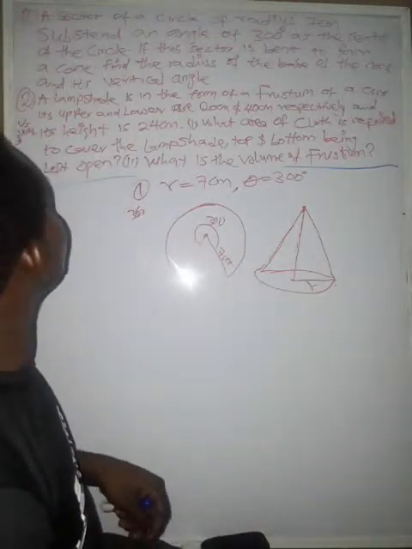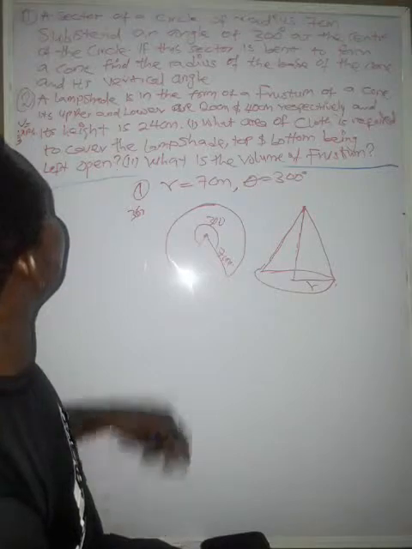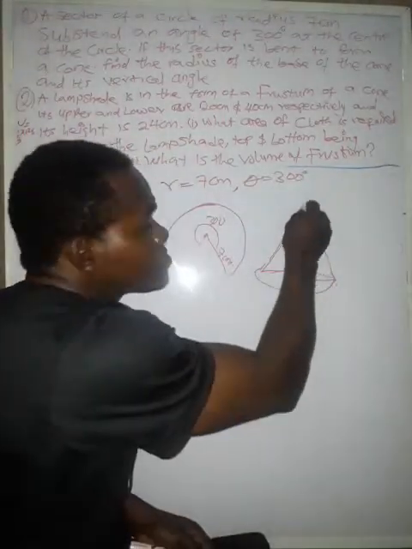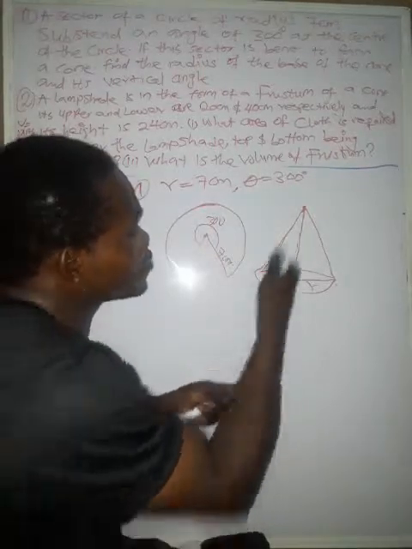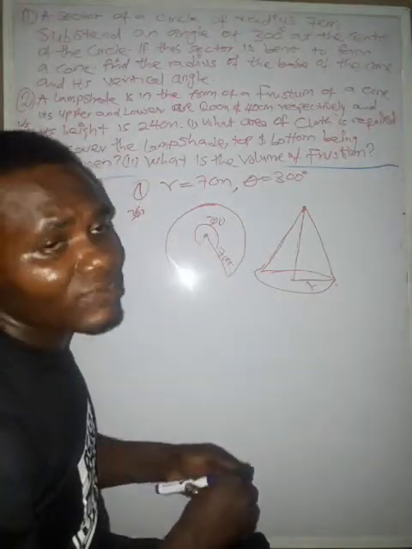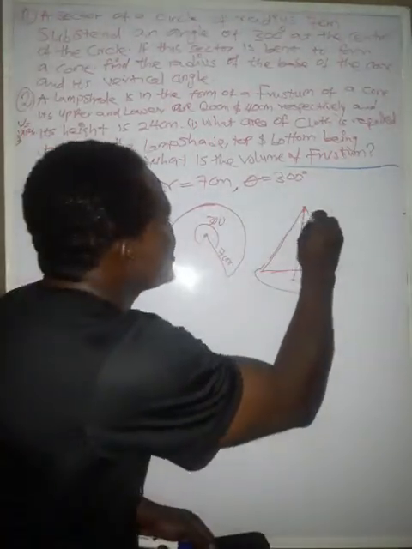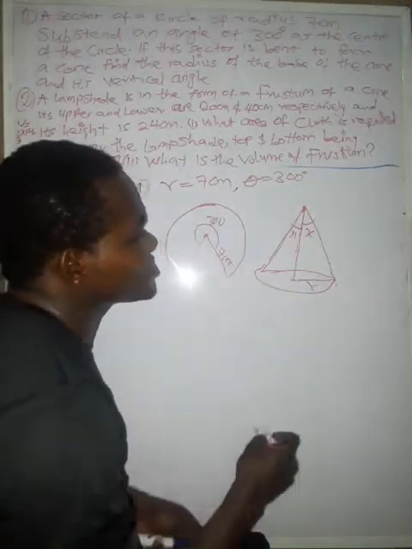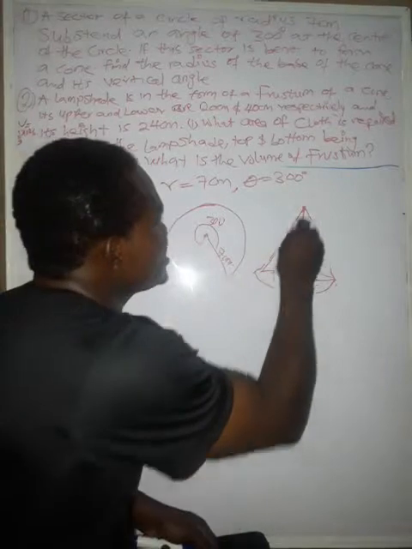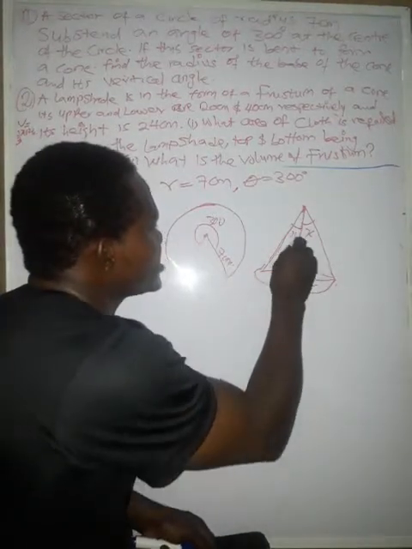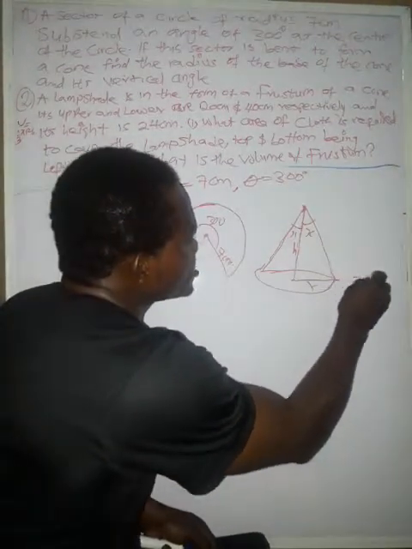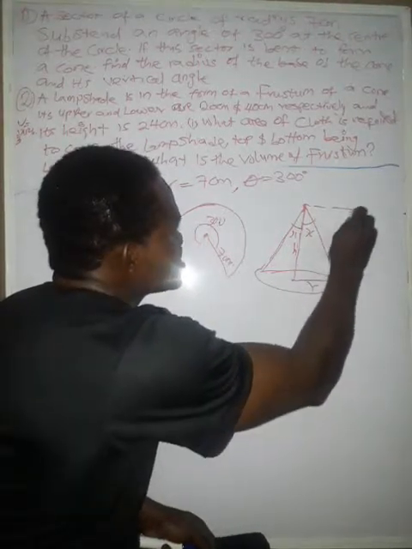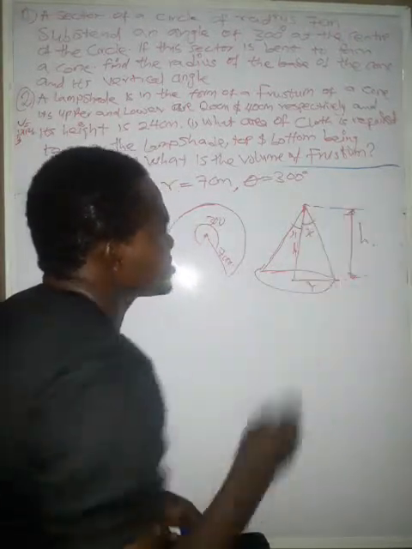Another thing is to find the vertical angle. The vertical angle is, when you split the cone's angle into two, what we refer to as the vertical angle. So if here is x, here too will be x. We just need one of these. And here, the distance from here to this place is h, the vertical height.